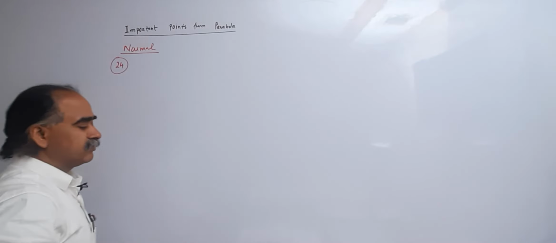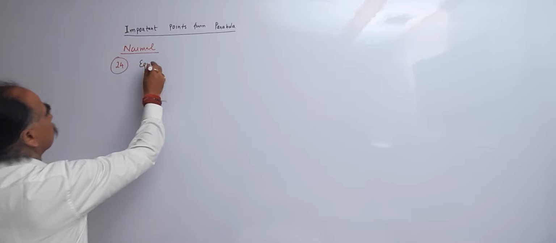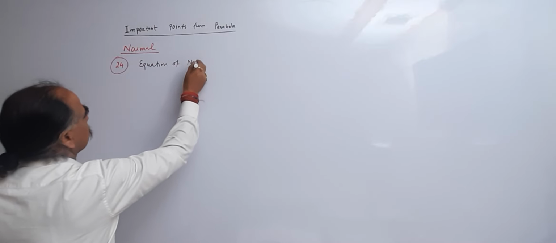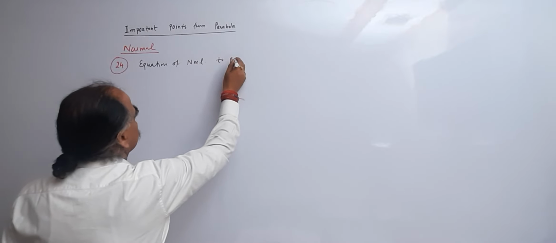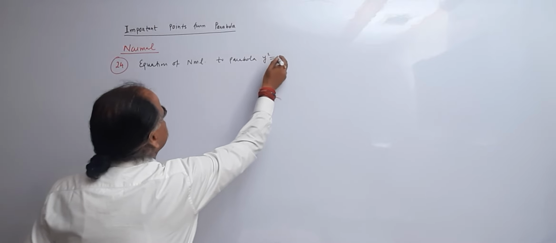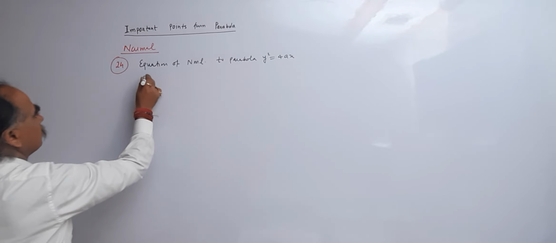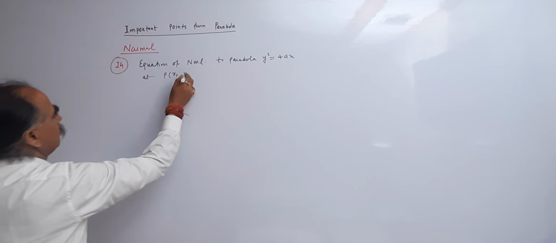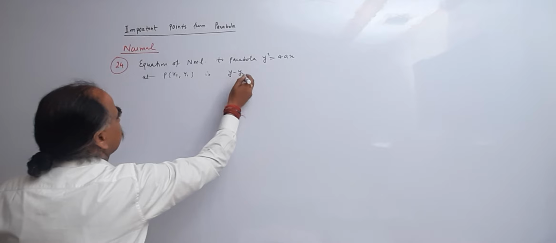Now next point is on normal. Equation of normal to the parabola y square is equal to 4ax at P(x1, y1) is y minus y1 is equal to.